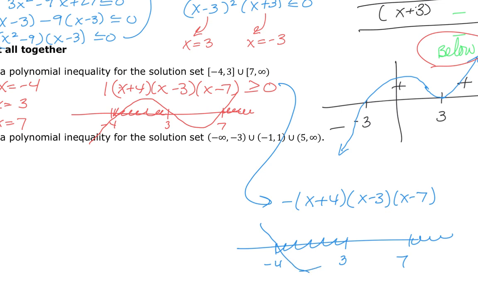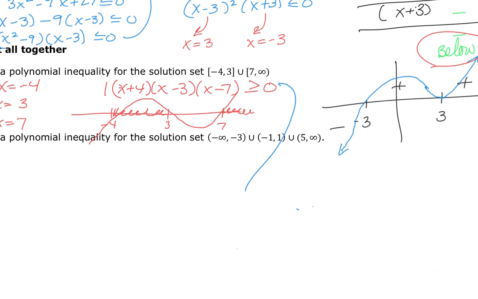Say I wanted it to go like this. If that's what I wanted, then I could have had less than or equal to 0. So either one would have worked if I paid attention to whether there's a positive 1 or a negative 1, and then looking for what I want. So again, these really do help us graph our polynomials.